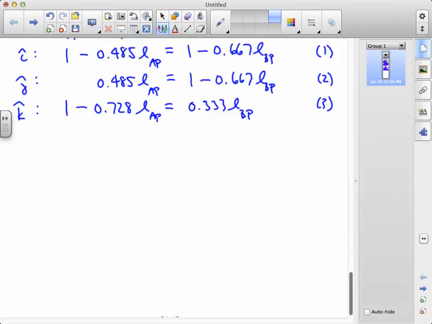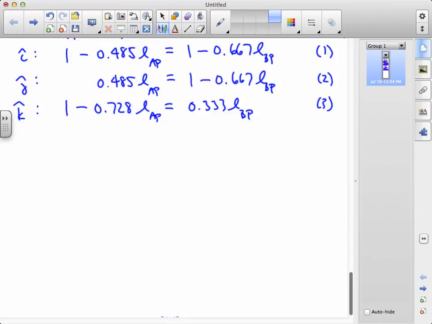What we can do in a problem like this is pick any 2 of these equations, solve that system for the 2 unknowns, and then use the 3rd equation to verify that, in fact, the third equation is automatically satisfied. So we can choose whichever 2 equations we want to form the system. I will choose to solve the first 2 and then use the 3rd equation to verify my result.